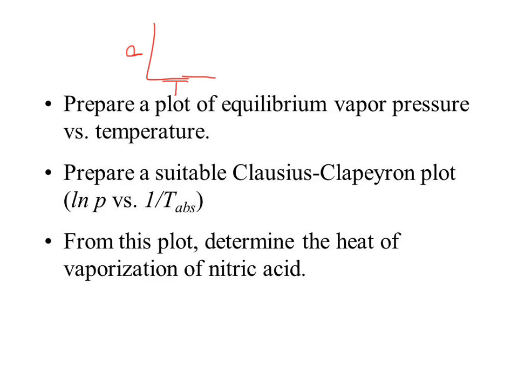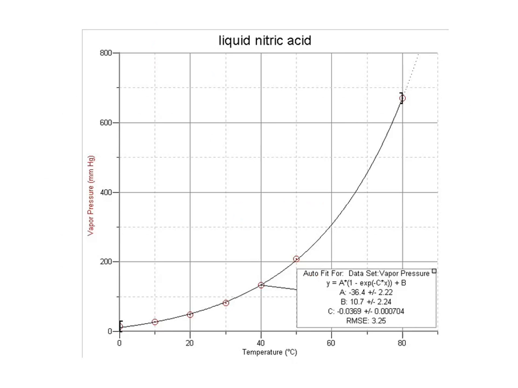Okay, this one is your Clausius-Clapeyron plot. ln of P over 1 over T. And actually, the coup de grace is where we're going to use the slope to come up with m is equal to negative heat of vaporization over R, from that one. All right.